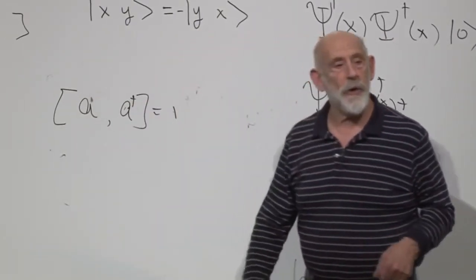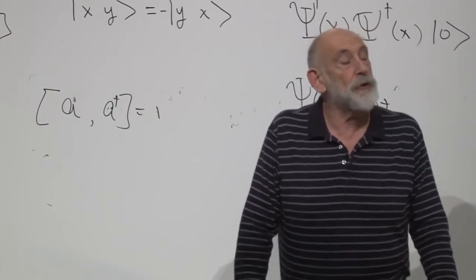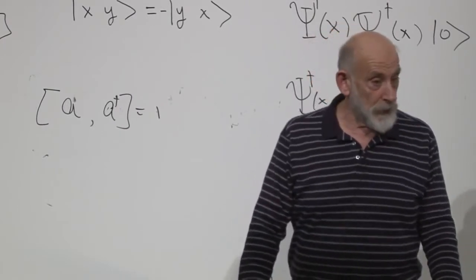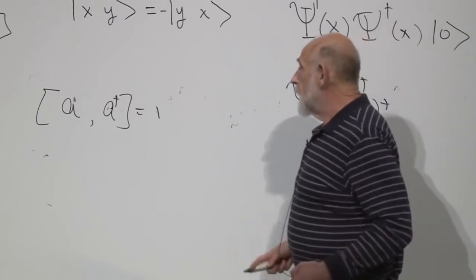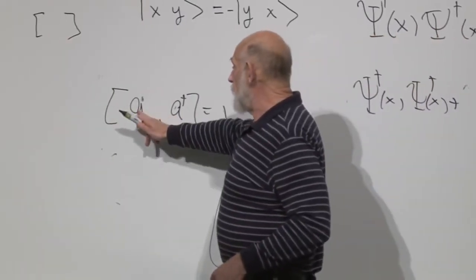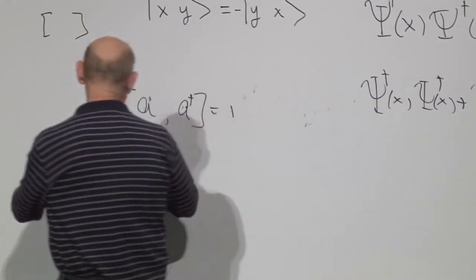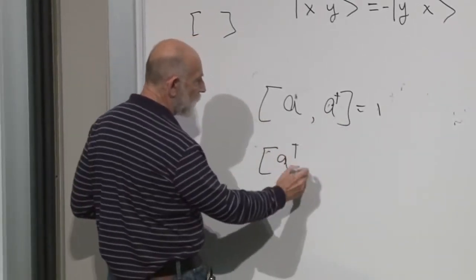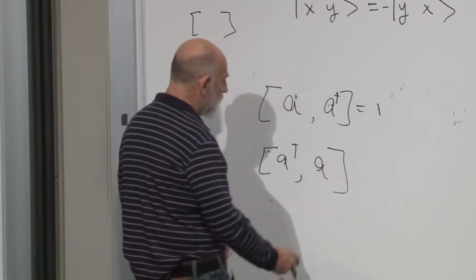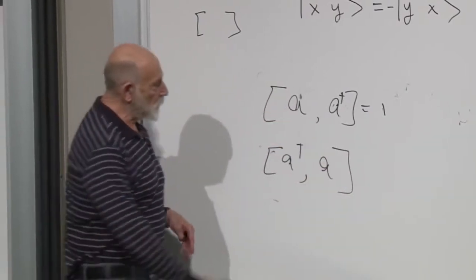Could you mistake which one is the creation operator and which one is the annihilation operator? Well, if you try to switch them, if you try to replace A by A dagger and A dagger by A, this is very definitely not equal to 1.